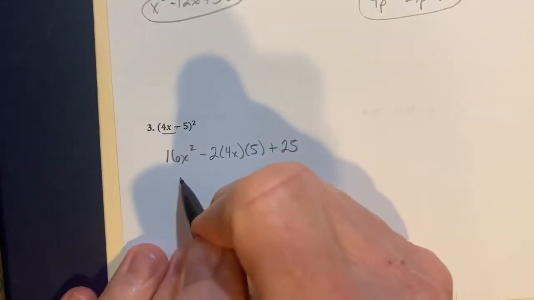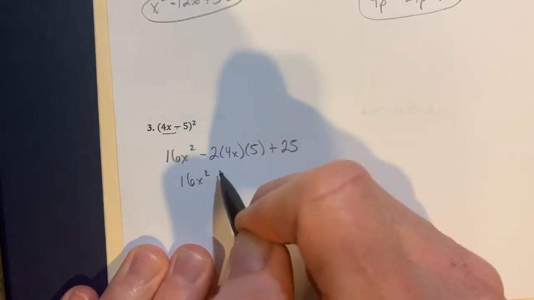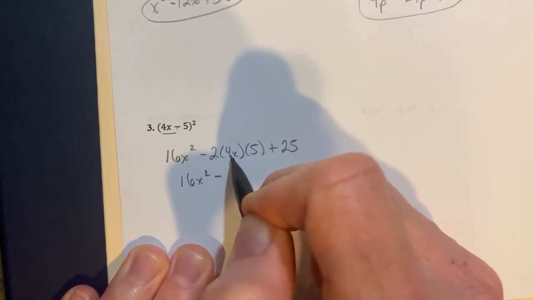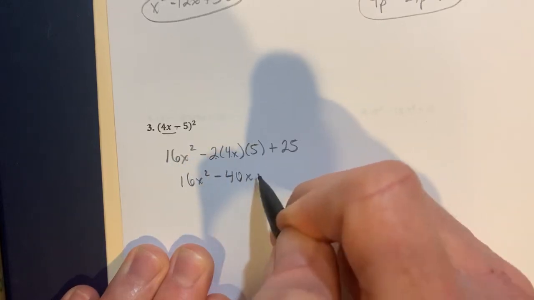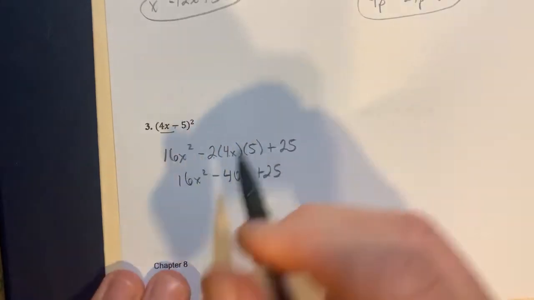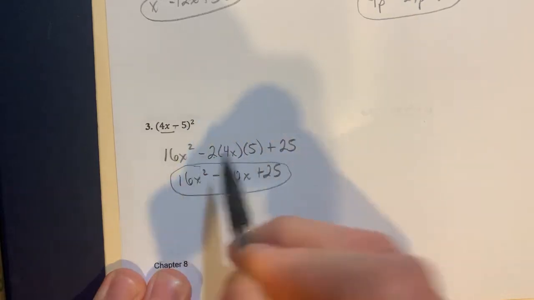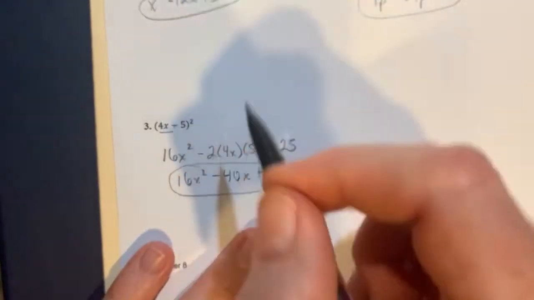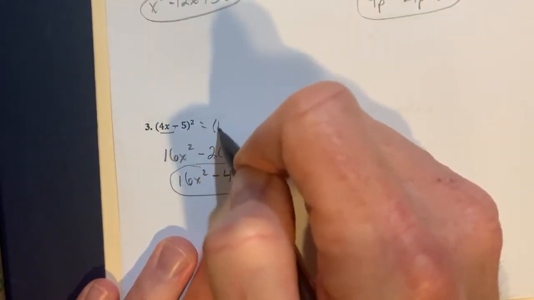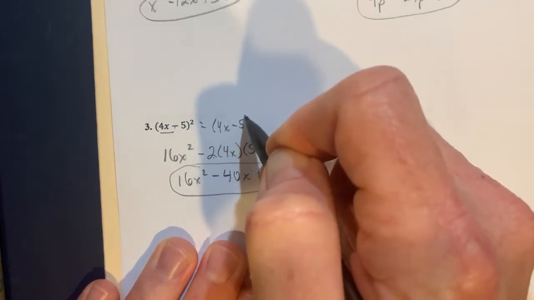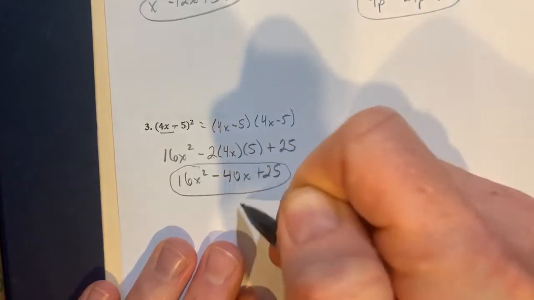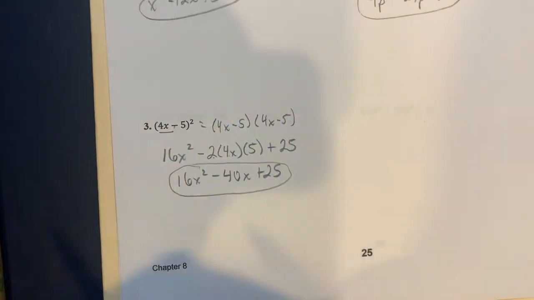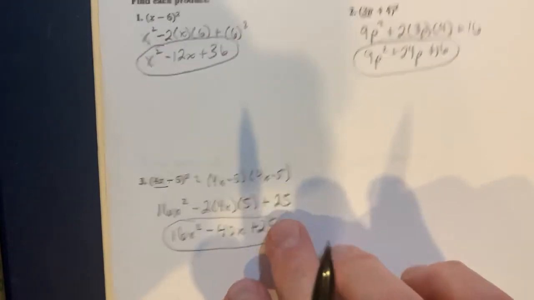Clean up that middle. 16x squared minus 2 times 4 is 8. 8 times 5 is 40. 40x plus 25. Again, if you FOIL this out, if you separated these, like you separated that to 4x minus 5 and 4x minus 5, and then FOIL it out, you'd get the same answer. This is just supposed to be a shortcut, all right?